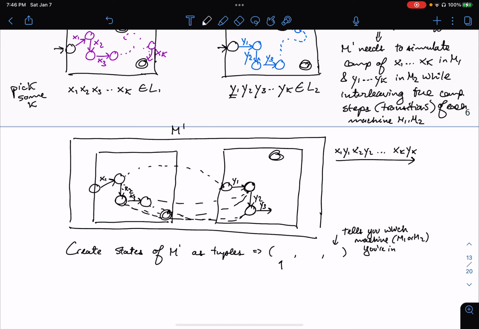Then the first element of the tuple simulates the computation of M1, and the second element simulates M2, okay?